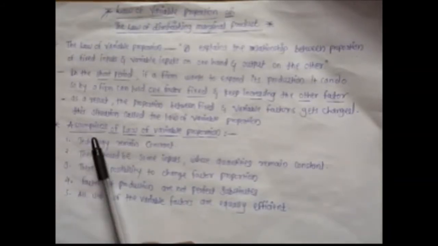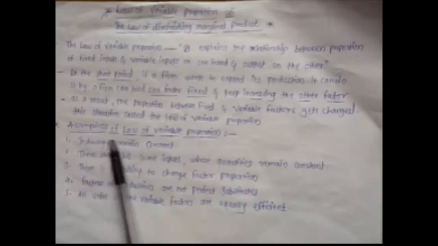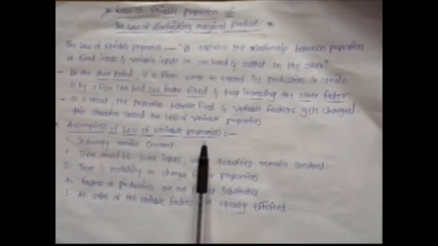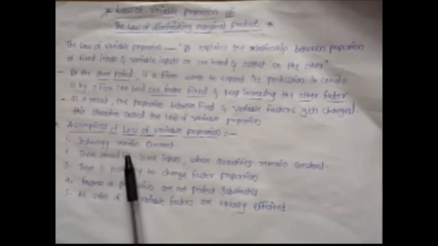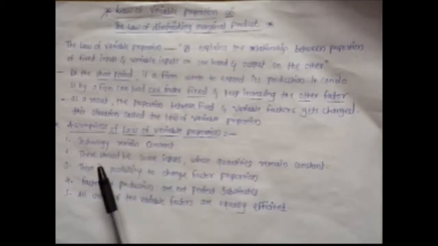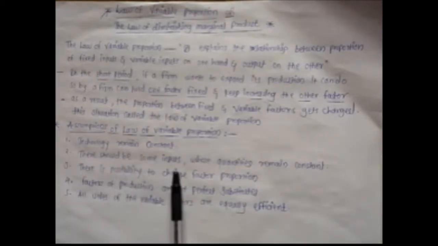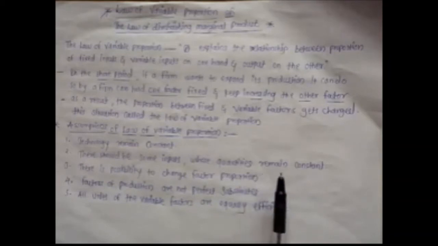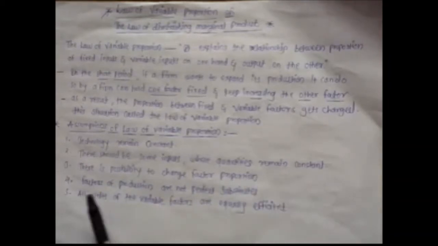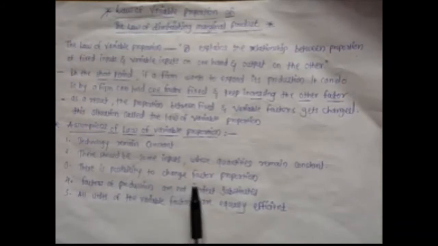There are some assumptions, means the suppositions, of the law of variable proportion. First one, technology remains constant, means it is not changed. Second one, there should be some inputs whose quantities remain constant, and there is a possibility to change the factor proportion.